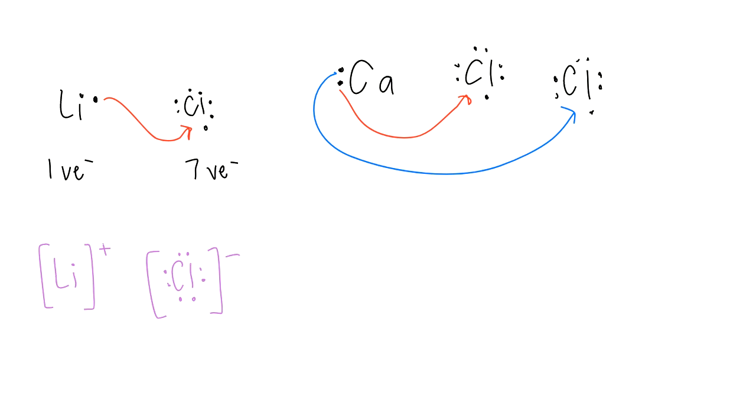So calcium now doesn't have any dots. We put it in brackets, and it lost 2 electrons, so it has a 2 plus charge. Chlorine now has 8 dots. Put it in brackets, it gained 1 electron, so we put a negative, and then we have a second chlorine here.